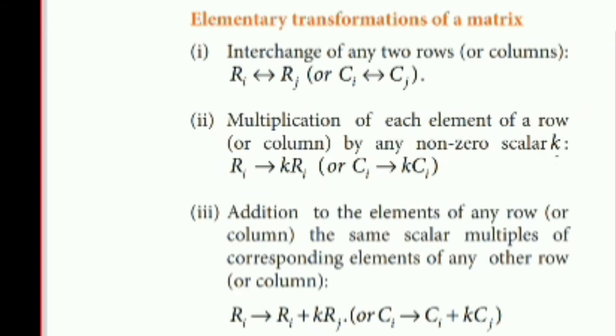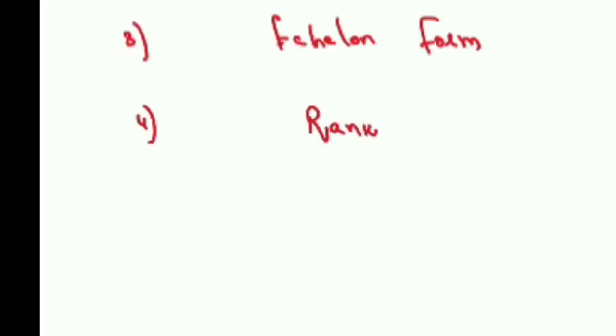You can multiply any row or any column by a non-zero scalar. Third is addition to the elements of any row the same scalar multiples of the corresponding elements. That means Ri with another row, you can add this multiple. I'll explain this with an example.